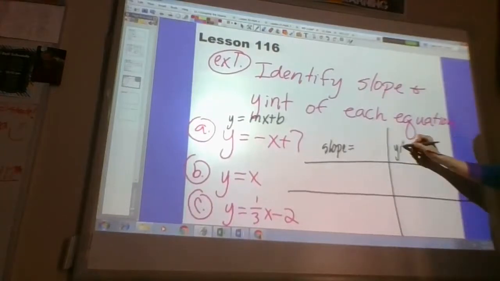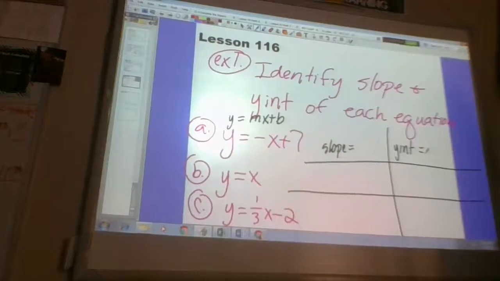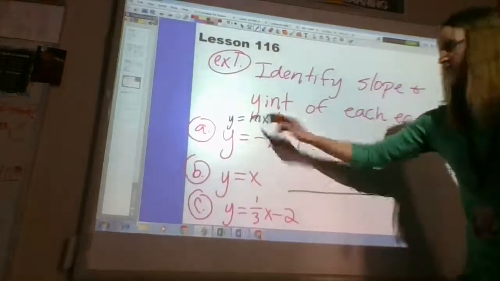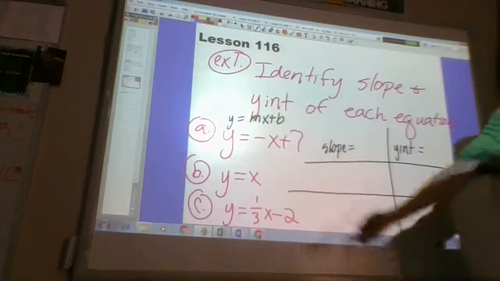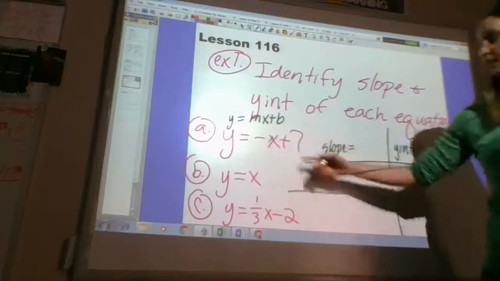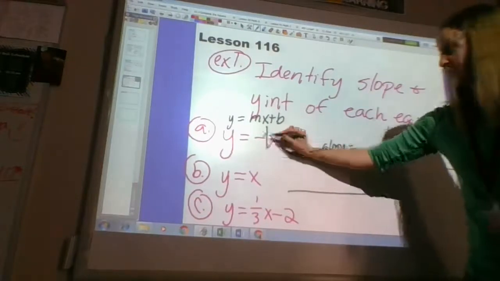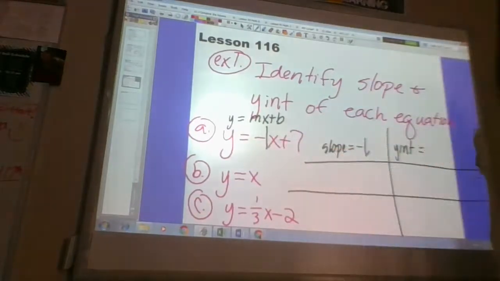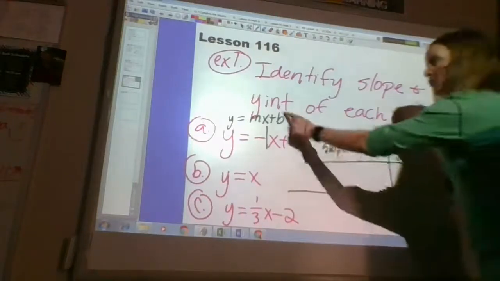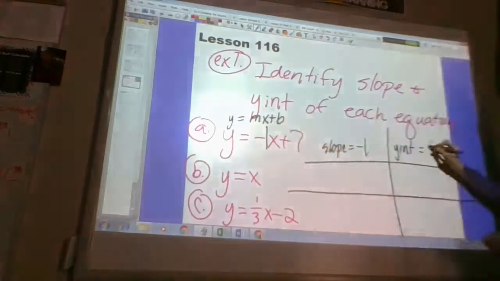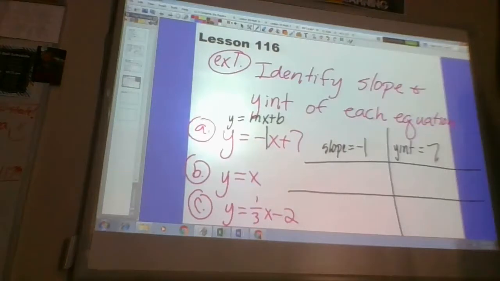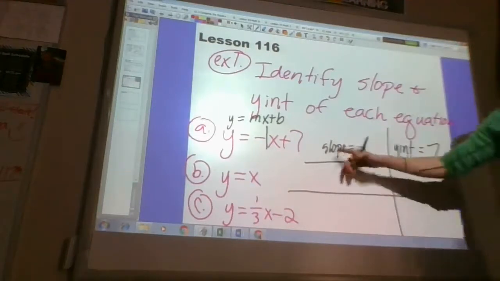And then I'm going to go y-intercept equals. And you can do anything that works for you. Now, if you're asking yourself, okay, what's slope? What's the number in front of x? And the number in front of x for this one is actually a -1. So you just go slope is -1. Y-intercept, what's in place of b? It's 7.